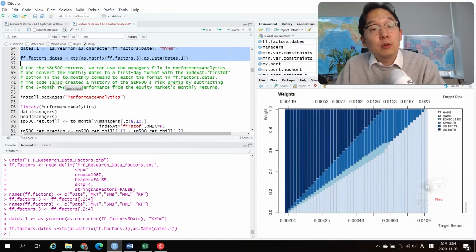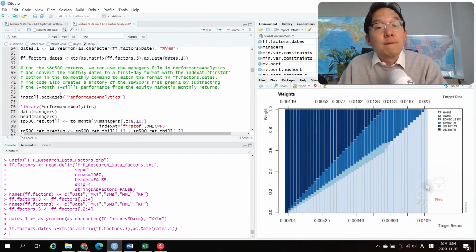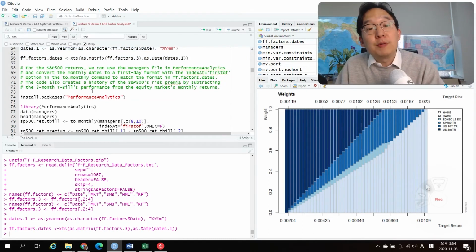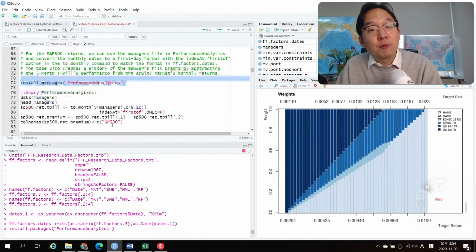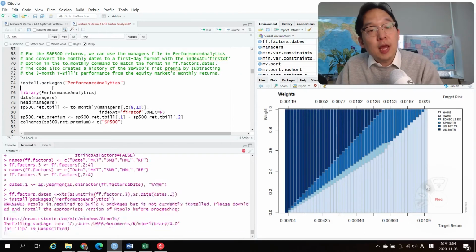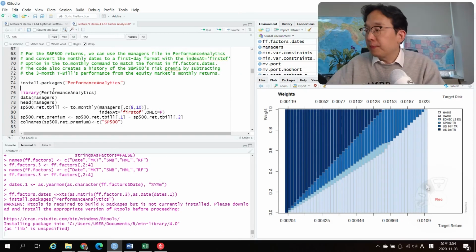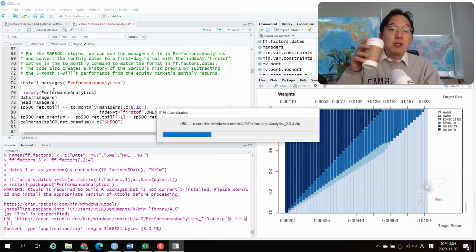The code also creates a history of the S&P 500's risk premia by subtracting the 3-month T-bill performance from the equity market's monthly return. So install packages, again, PerformanceAnalytics. We have that, it should be there. And then we're going to activate it through the library command.